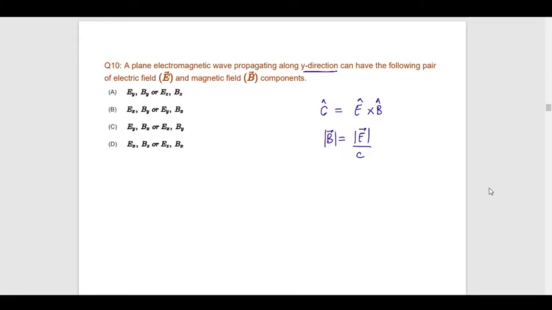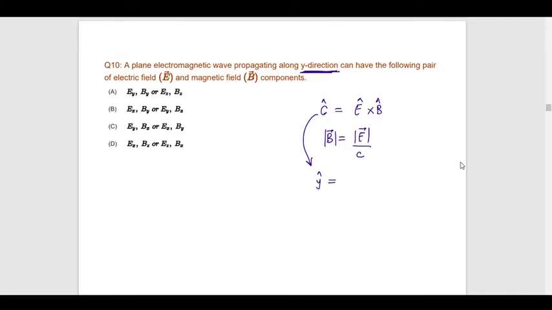So these two equations govern the mechanics of an electromagnetic wave, right? In this case, it is stated that the direction of propagation of this light or electromagnetic wave is the y direction. So we have y cap here. Therefore, E cap cross B cap should have the direction of y cap.